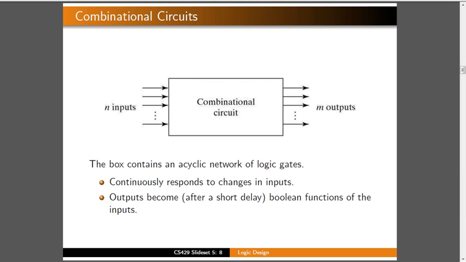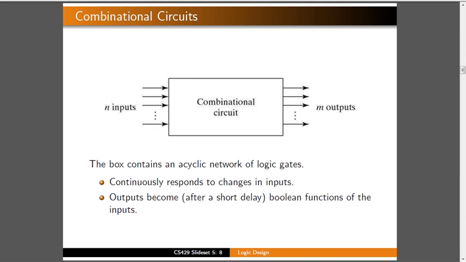Next is the combinational circuit. Combinational circuit means there are n inputs and m outputs. If there are 10 inputs, then the outputs are also 10. If there are 3 inputs, then the outputs are also 3. So the same number of inputs, the same number of outputs.